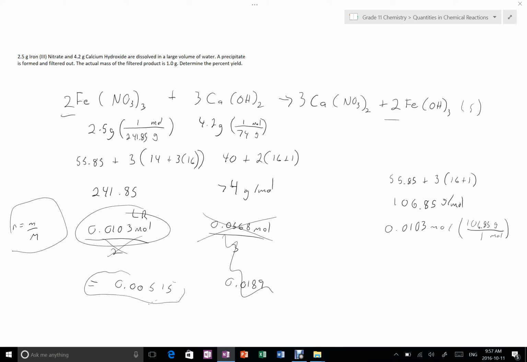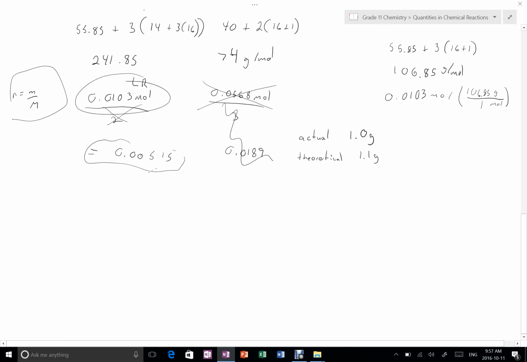And I got 1.1 grams of product that I expect to be produced. I actually got 1.0 grams. This is my actual, and my theoretical was 1.1 grams. So my percent yield here is going to be pretty good.